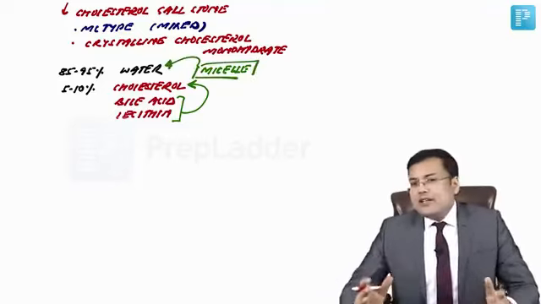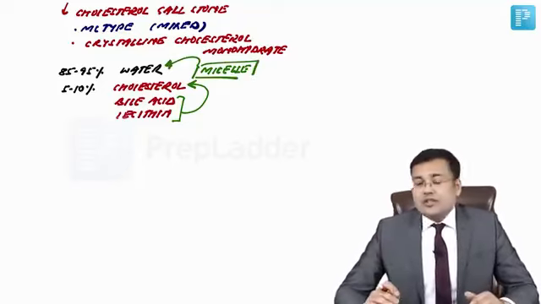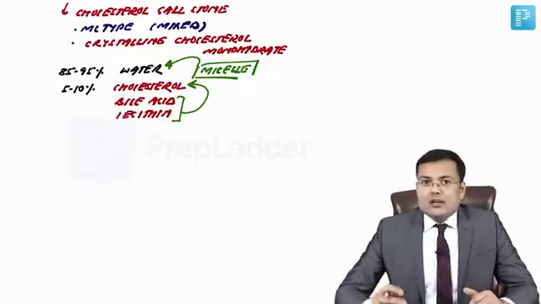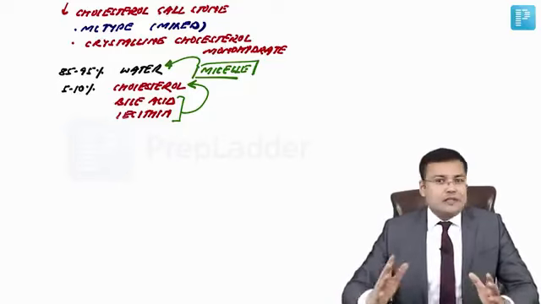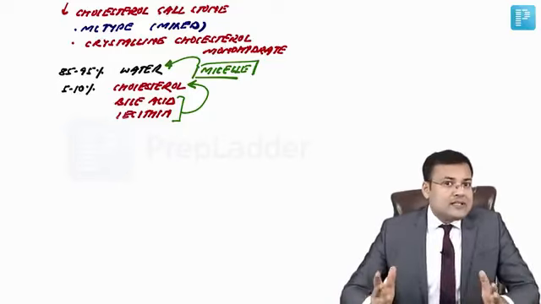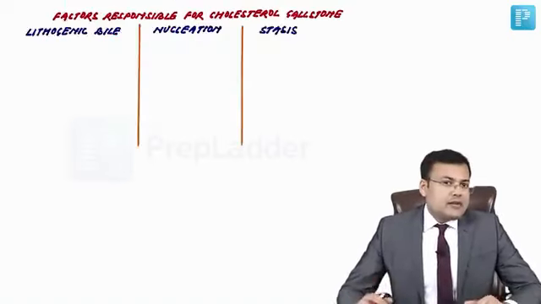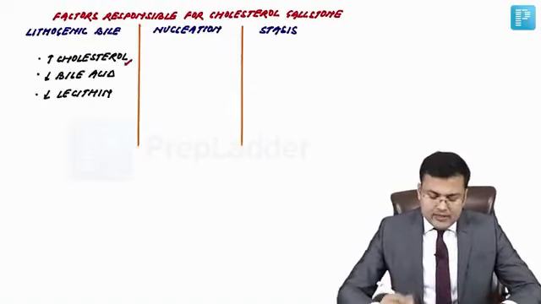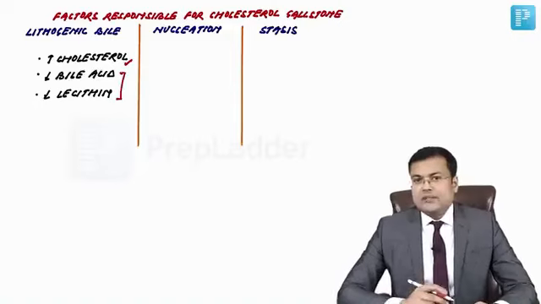Any condition in which there is increased concentration of cholesterol or decreased concentration of bile acid or lecithin is lithogenic bile. So there are three mandatory factors for cholesterol gallstones. First, lithogenic bile. Second, nucleation, and third, stasis. Lithogenic bile is because of increased cholesterol or decrease in the concentration of bile acid or lecithin.